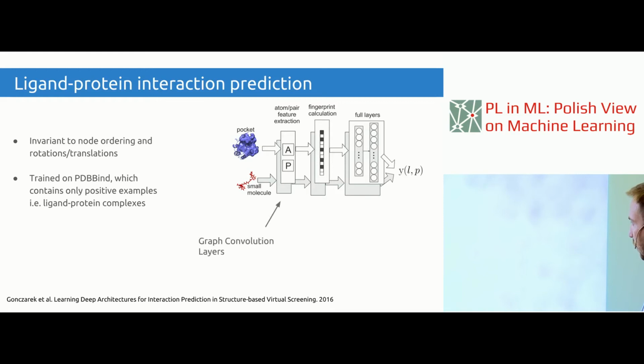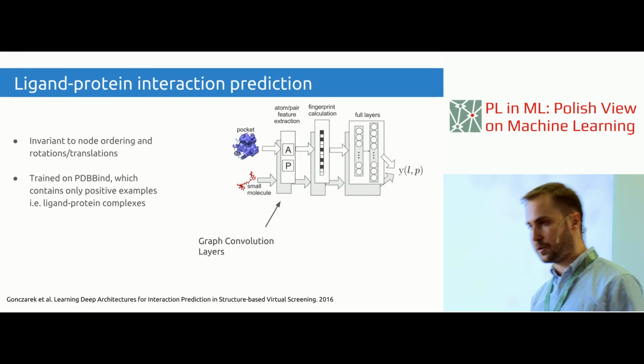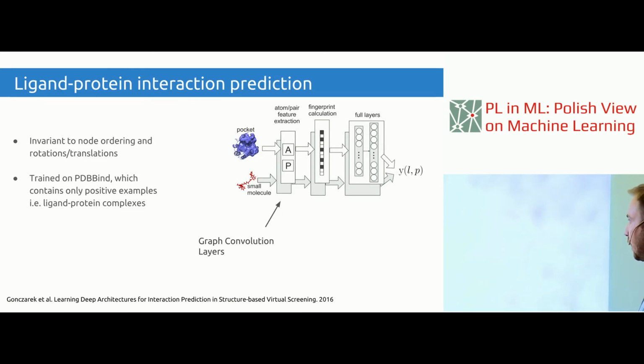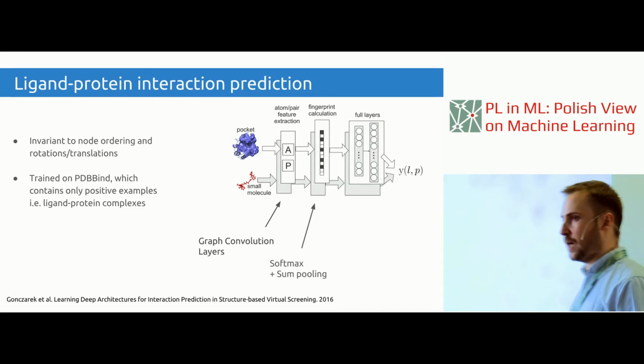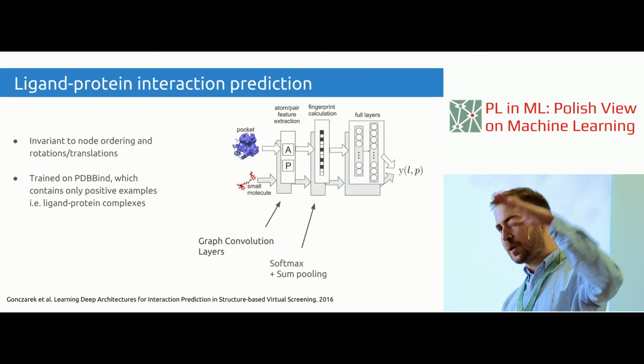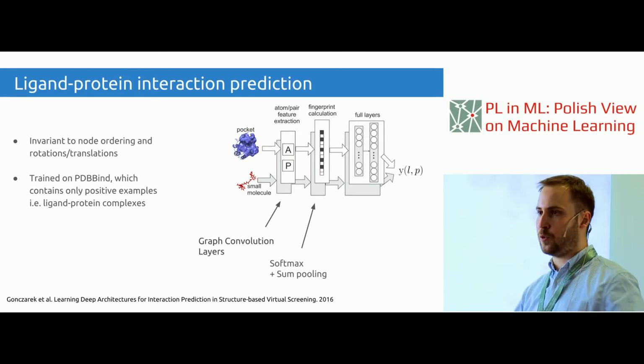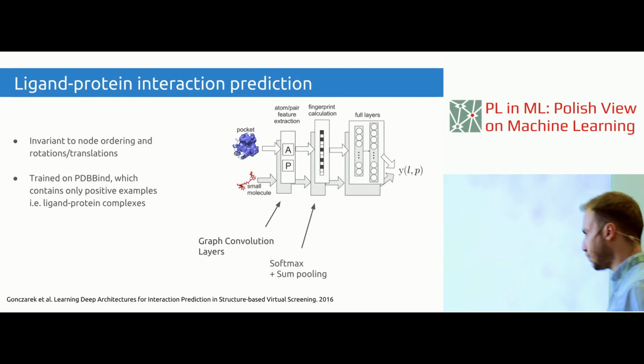And first we use a couple of graph convolutional layers to process these two objects. Then we are using a kind of pooling operation, so we are doing just softmax plus some pooling, basically to pool the information from all atoms into one representation vector.